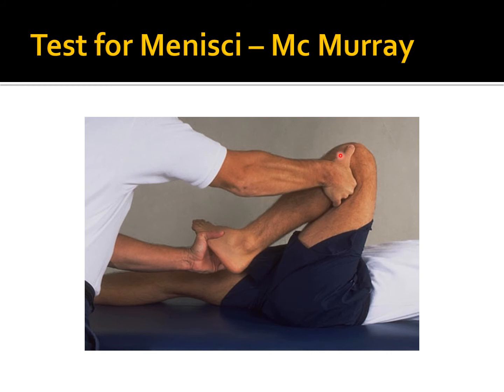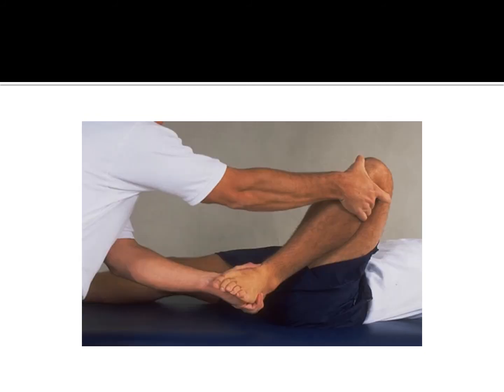If there is a pain, it means that the medial meniscus is torn or there is a pathology in it. And here you can see it is laterally rotated. He is giving a pressure along the axis of the tibia and laterally rotating it, thereby compressing the lateral meniscus over the lateral condyle. And if this is injured, it means that the person is having a lateral meniscal injury.